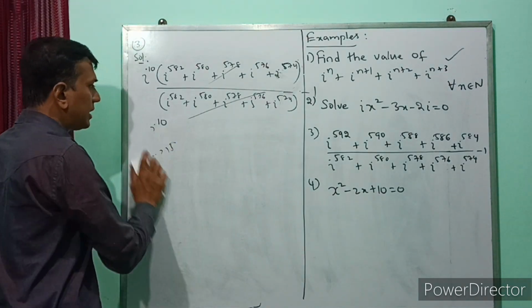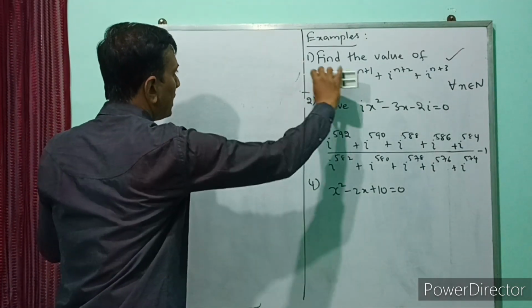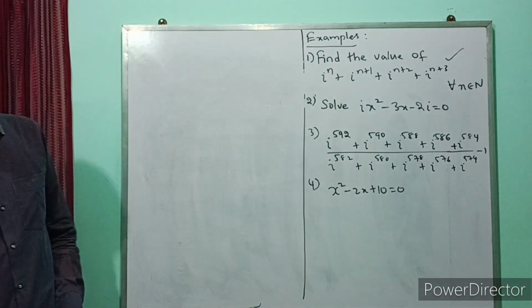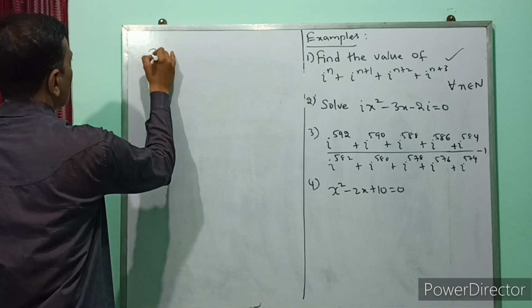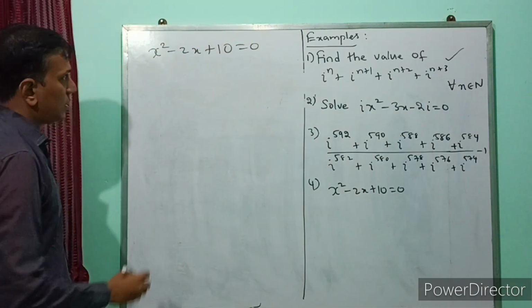So in all these three problems, we have seen the simplification of iota, that means integral powers of iota. But when you come to the fourth question, x square minus 2x plus 10 equals 0.